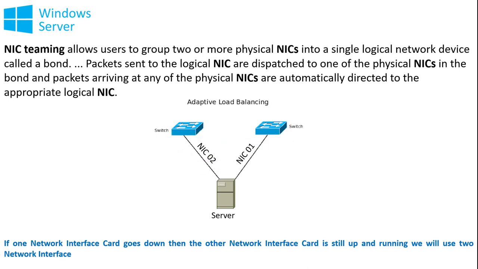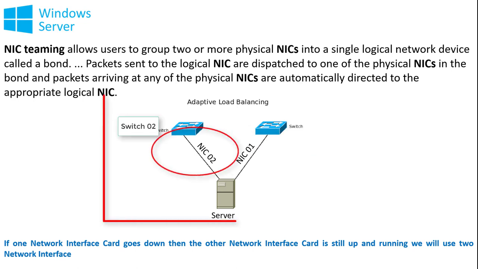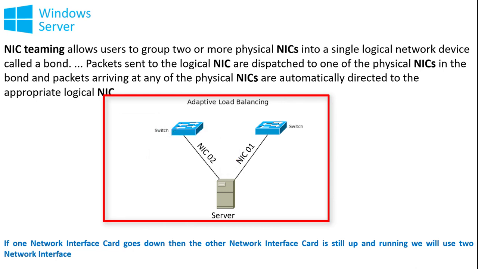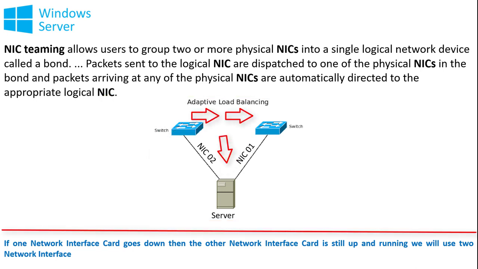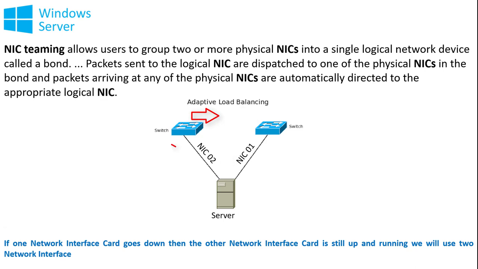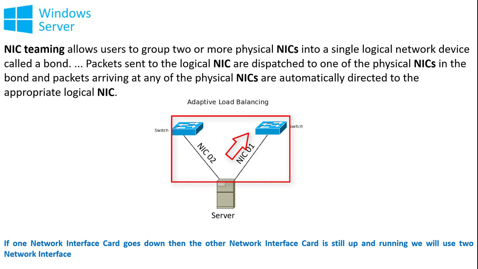One network interface card is connected to switch 1 and another is connected to switch 2, so traffic can flow around if a switch goes down, and we keep the connectivity. In that case, if one network interface card goes down, the other is still up and running. We will use two network interface cards, but we can use more if we need to.